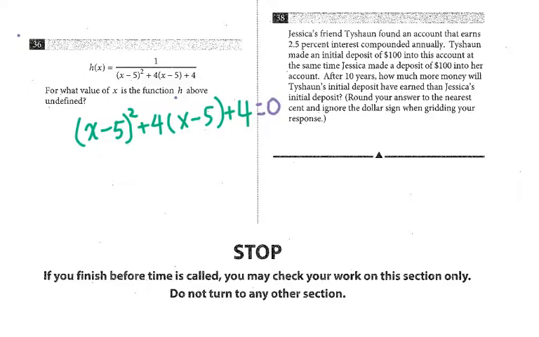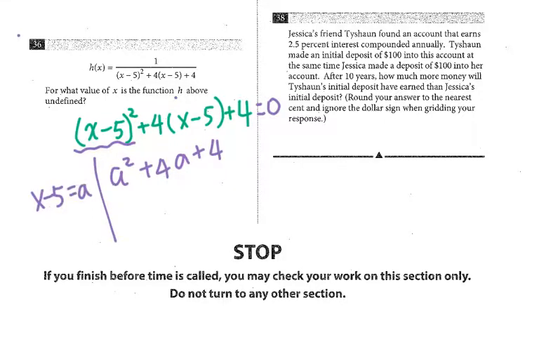First of all, do not rush to do the square first and then the distributive property. Think about that. I can change it into a squared plus 4a plus 4, because I can make x minus 5 equal a first. That's an easy way to do it.